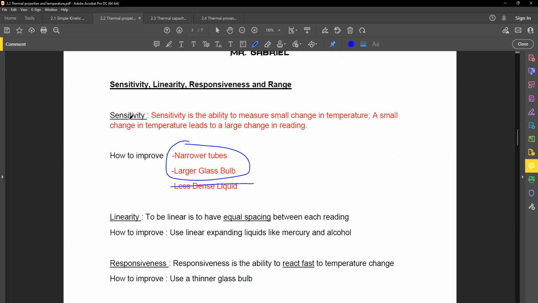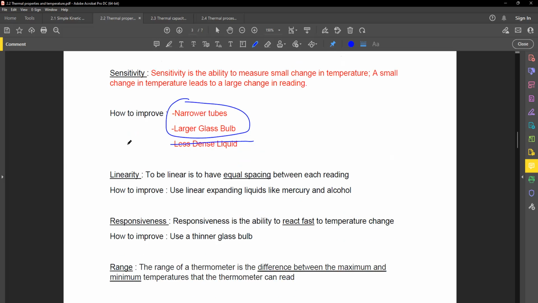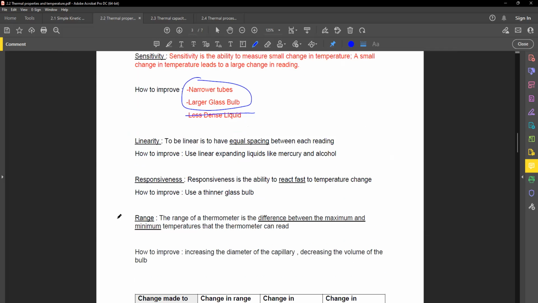And I also mentioned that sensitivity is the exact opposite of range, guys. Range is the difference between the maximum and minimum temperature, right? For example, a good range will be anywhere from like -10 degrees Celsius to maybe 200 degrees Celsius. A poor range will be somewhere like 30 to probably 70 degrees Celsius.